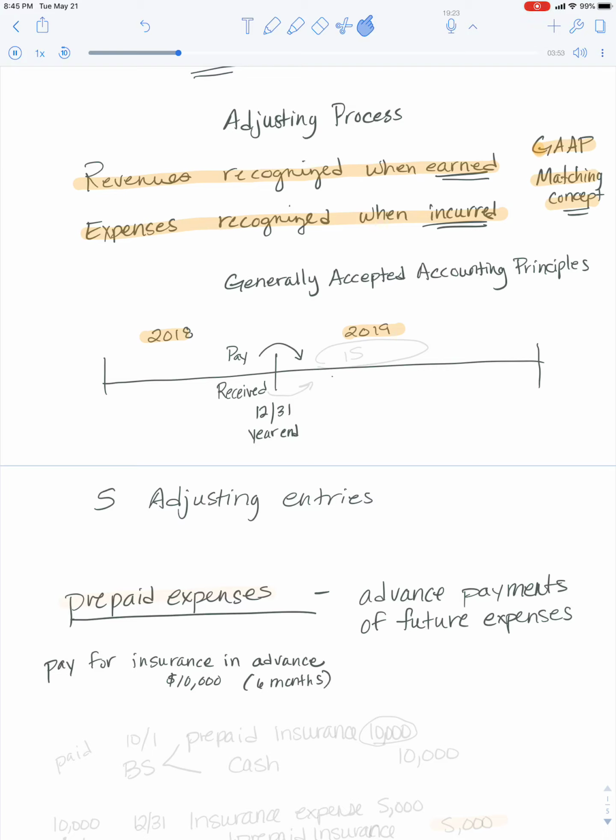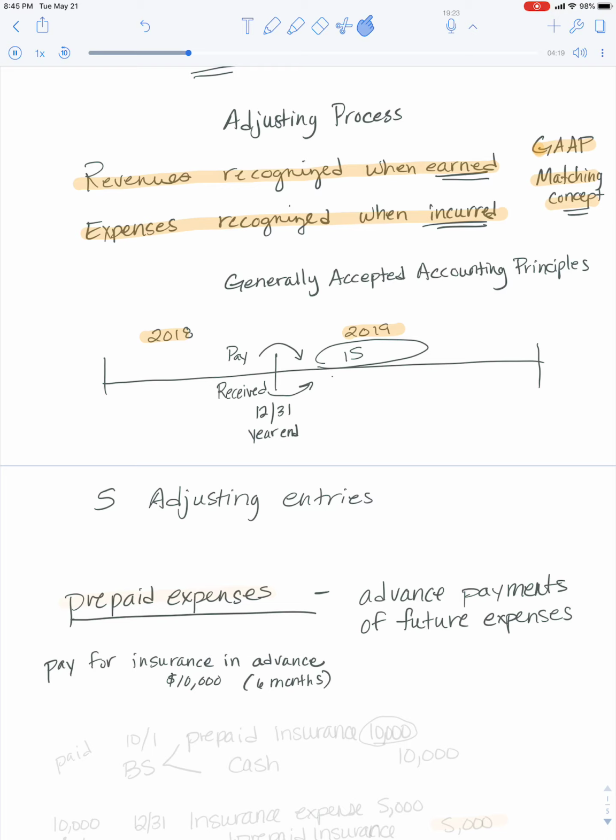And we don't get to recognize it on the income statement in 2018 if we've received the cash because it hasn't been earned yet. So we have to delay it to 2019's income statement. So that's really the whole reason that we're adjusting, is to play with the period in which it ends up on the income statement. So there's 5 main adjusting entries that you'll need to know.